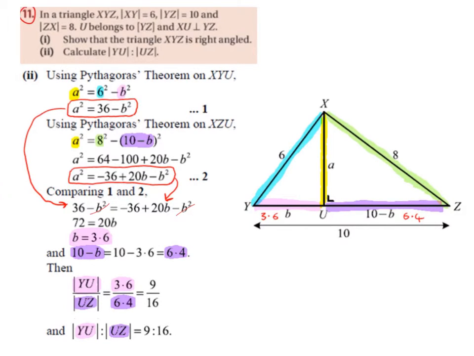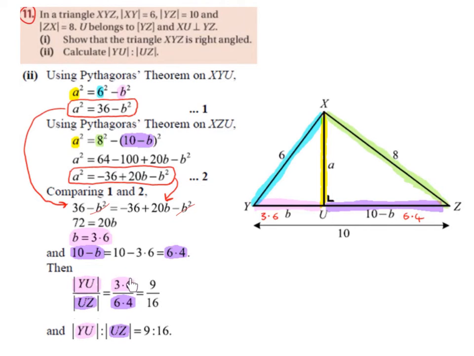And then 10 minus B is going to be 10 minus 3.6, because remember we've got B to be 3.6, which is 6.4. So UZ is going to be 6.4. So we wanted to calculate YU to UZ. So it's YU divided by UZ.